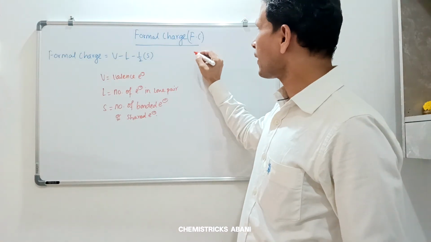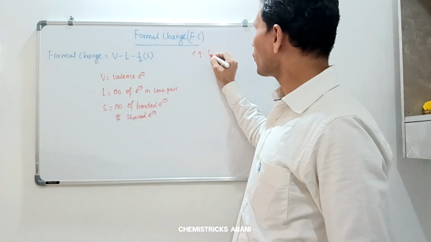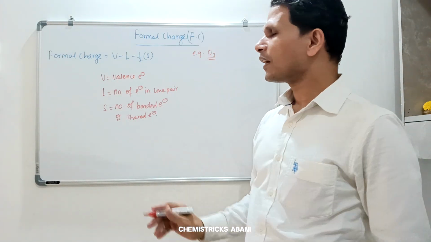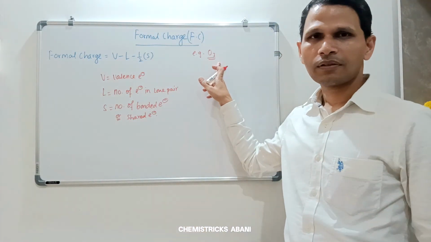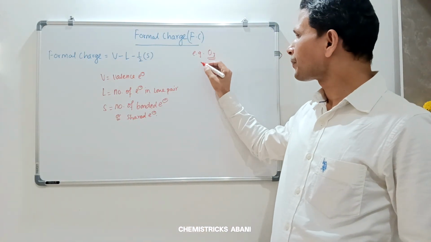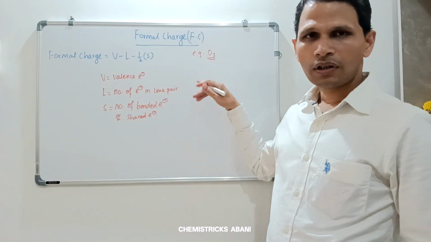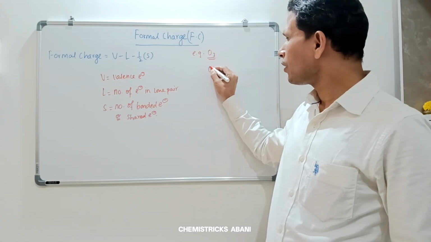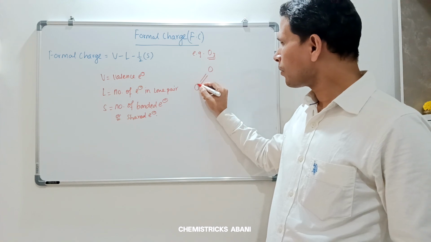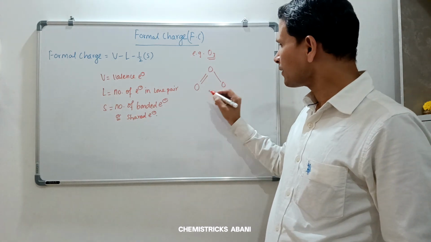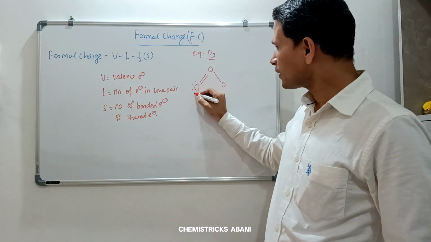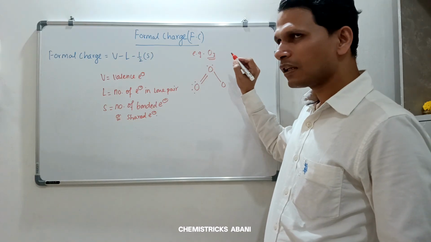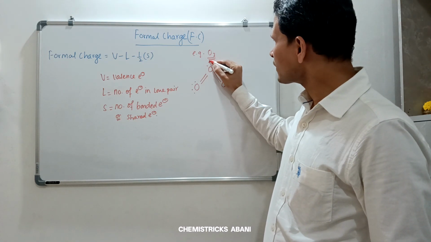Say for example, in case of ozone, O3 molecule, we need to find the formal charge on each oxygen. So here first we need to draw the Lewis structure. The Lewis structure for ozone is oxygen here, then a double bond oxygen and a single bond oxygen. Here there are double bonds, so there are two lone pairs, a single lone pair, and a plus charge.